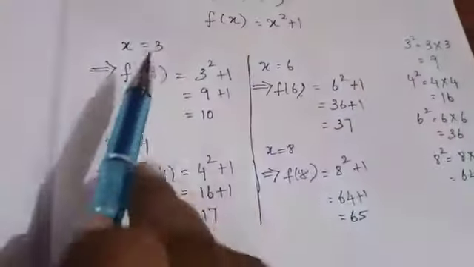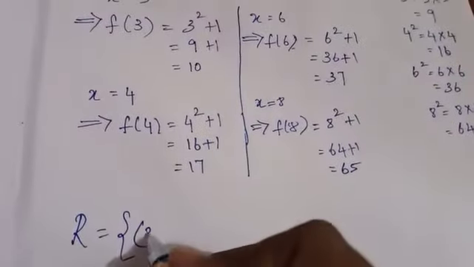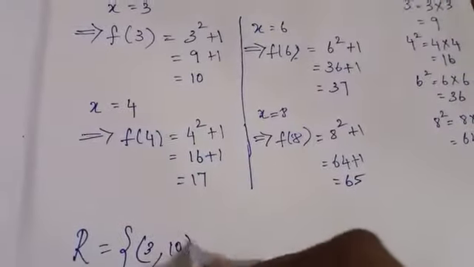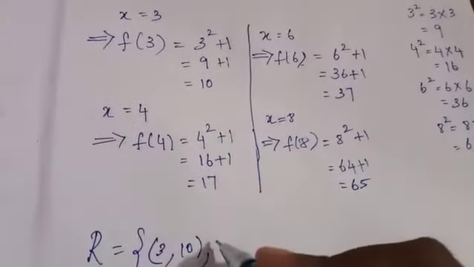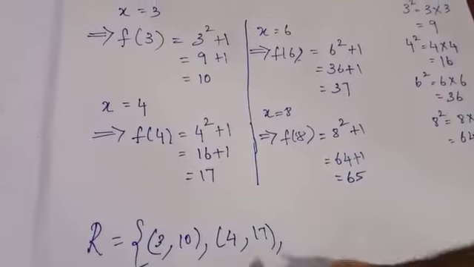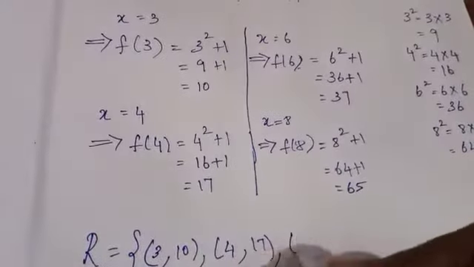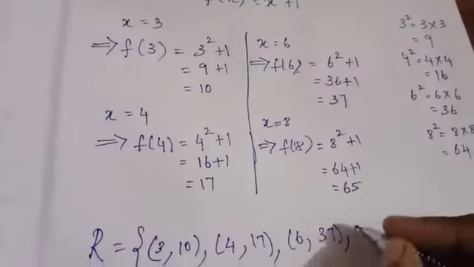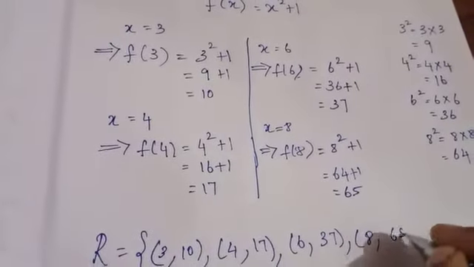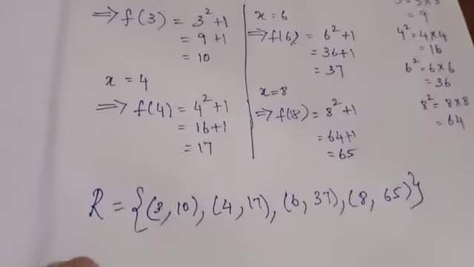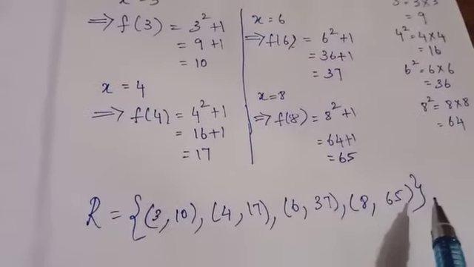So when x is 3, our f(x) is 10. Next, when our x value is 4, f(x) is 17. When x is 6, f(x) is 37. When x is 8, f(x) is 65. Yes, now we have found the relation.